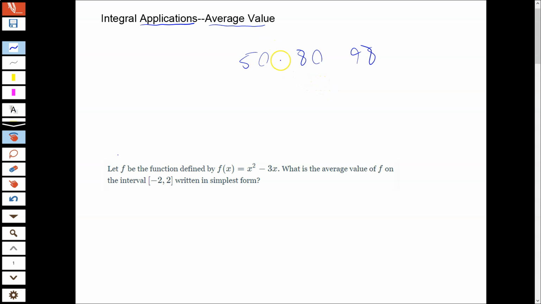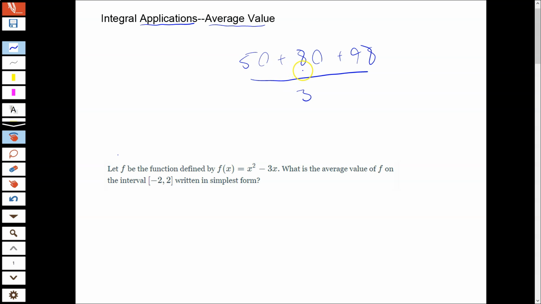So to get the average value of this, you would add them up and then divide by the number of tests you took, right? By 3 tests total. Okay. So the general way of finding an average is you find the sum and then divide by the number of data points, right? And this is useful for a bunch of different reasons, including in this case, figuring out your grade in a class.